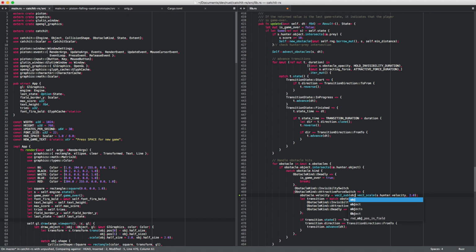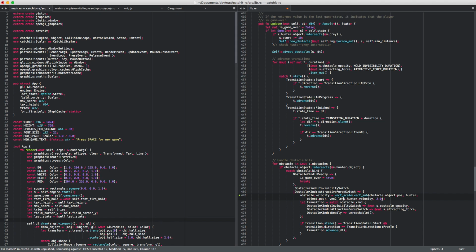The obstacle object position minus hunter object position. So it goes into a different direction, and that one we scale by the length of the hunter velocity.